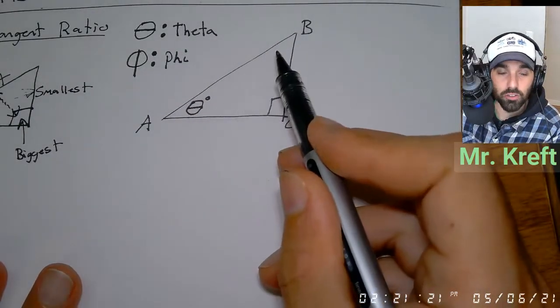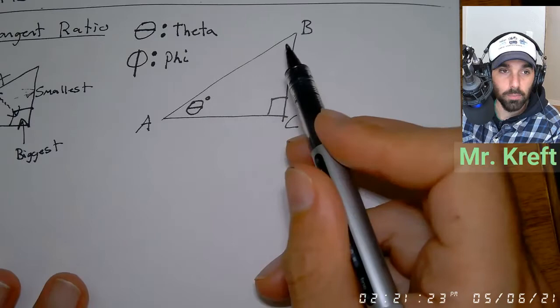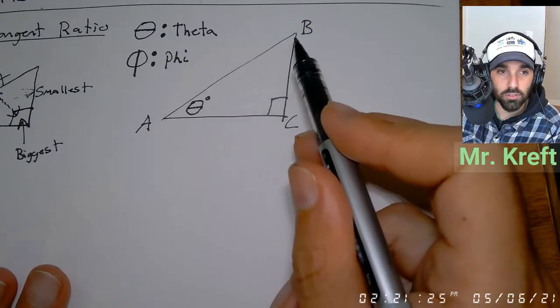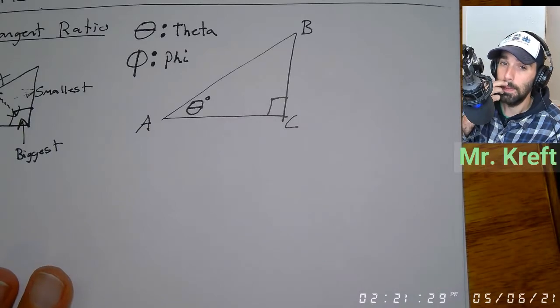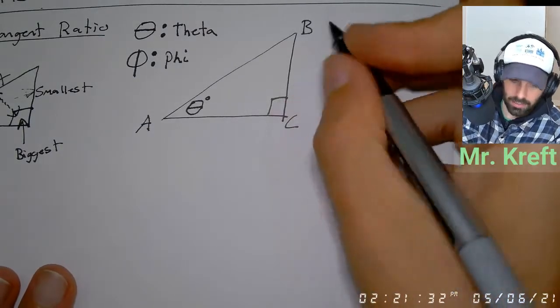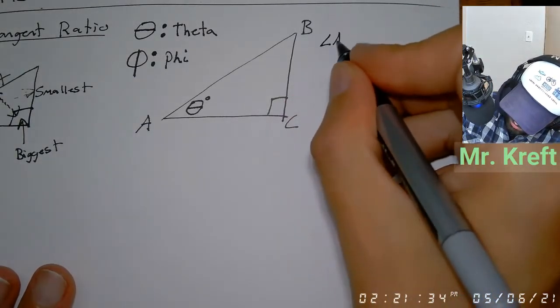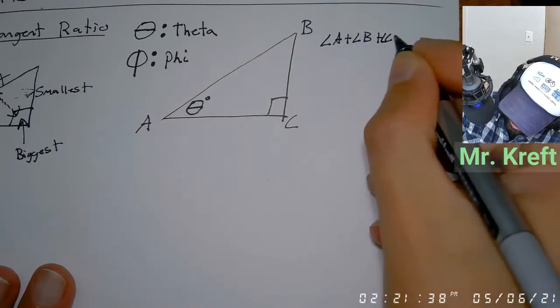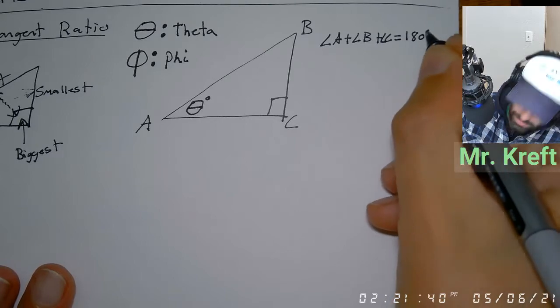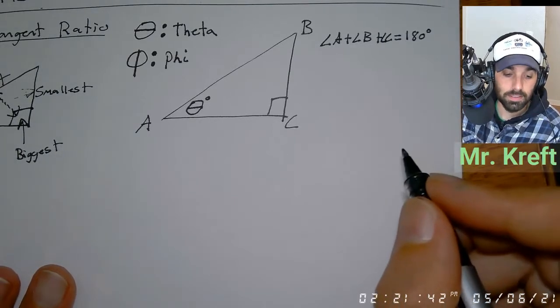So what do the angles in a triangle add up to? Can you guys tell me in chat, what do these three angles add up to in any triangle? 180, right? So angle A plus angle B plus angle C equals 180 degrees.